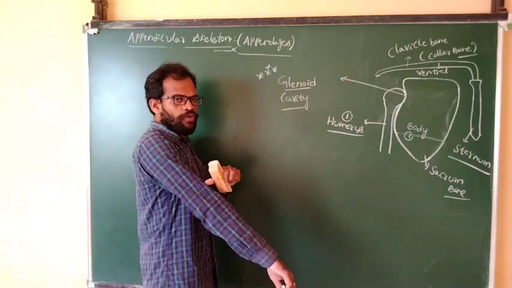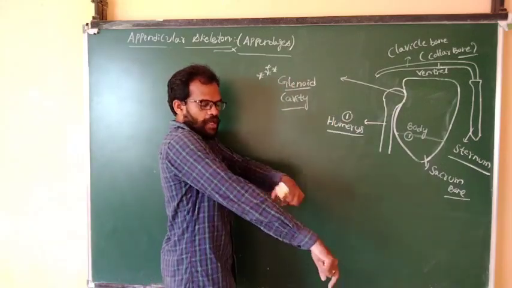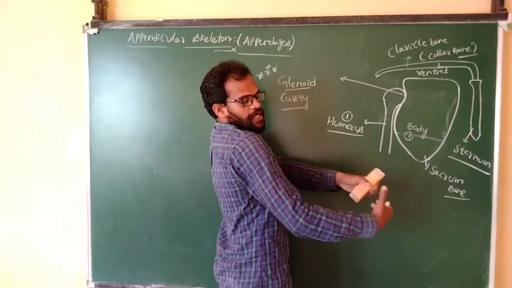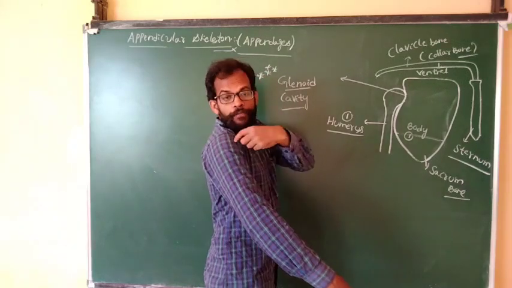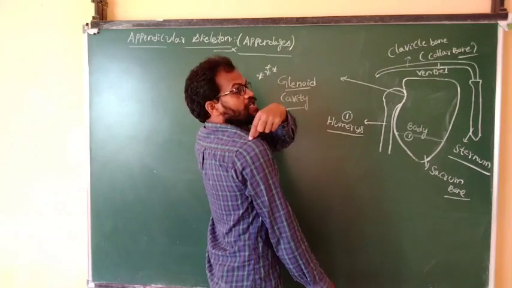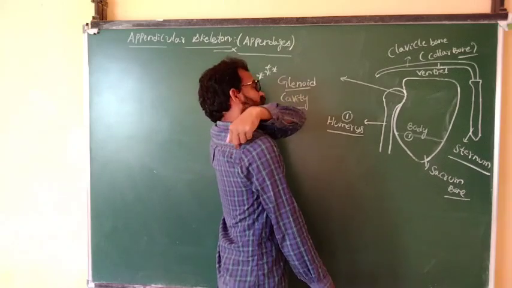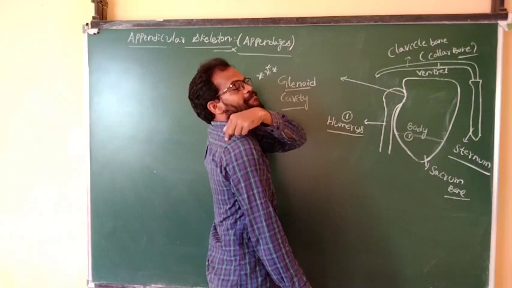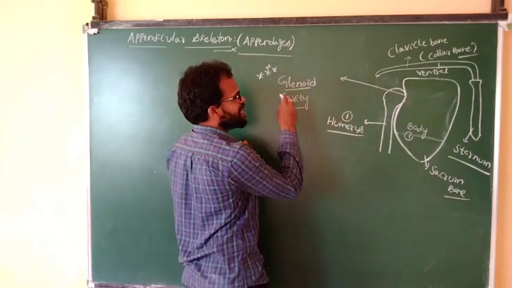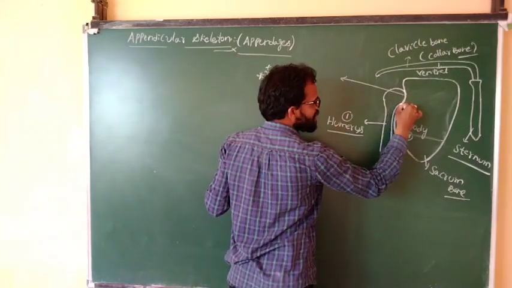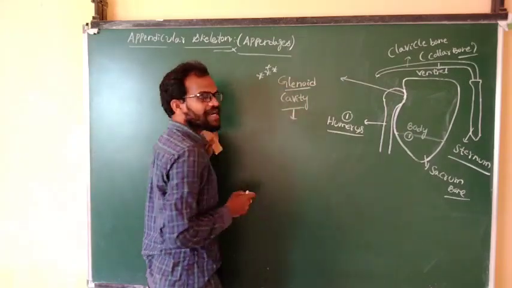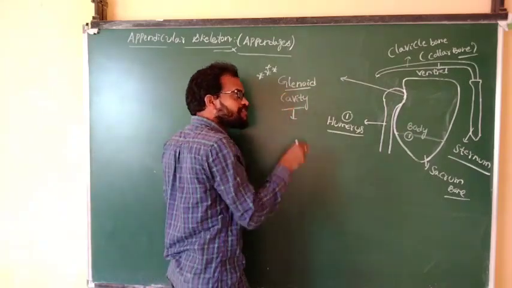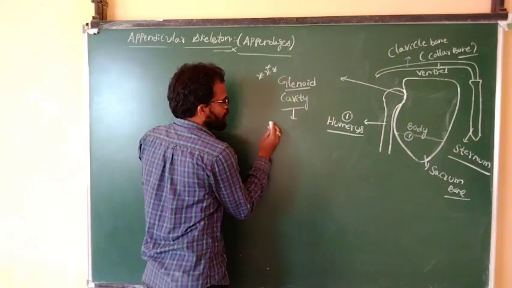Each forelimb consists of one humerus. This humerus part here is the head part or ball part. This ball part attaches to the shoulder bone, that is the scapula. This cavity is nothing but the glenoid cavity.